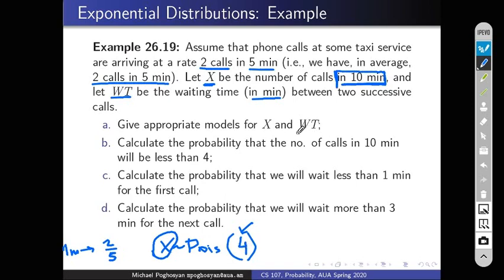Okay, what about waiting time, WT? Will this be exponential 4? In fact, no, this will not be exponential 4, because if I write exponential 4, this will be calculated in 10 minutes and not in minutes.